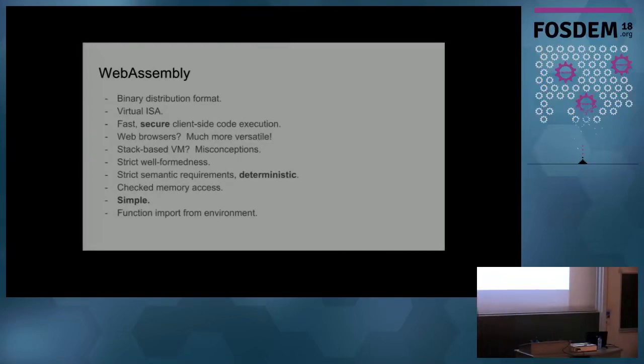It has a set of instructions, and it has execution semantics for those. It is designed to be secure, which is important for us, and it is quite simple, actually.